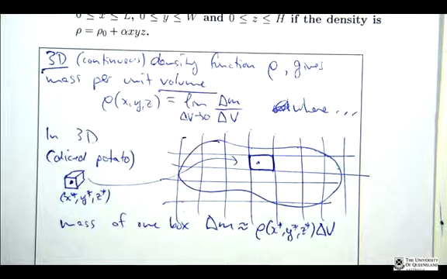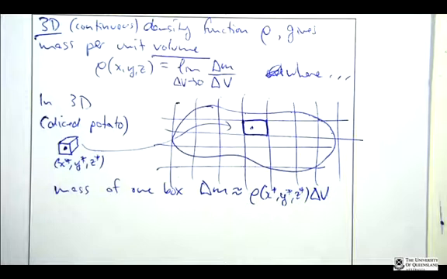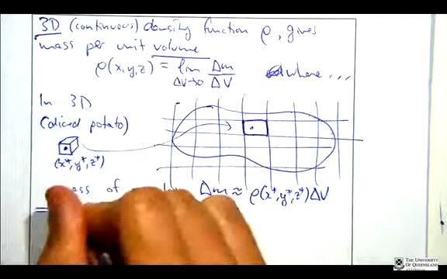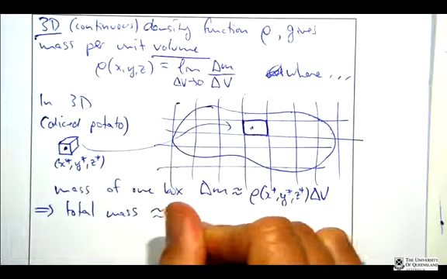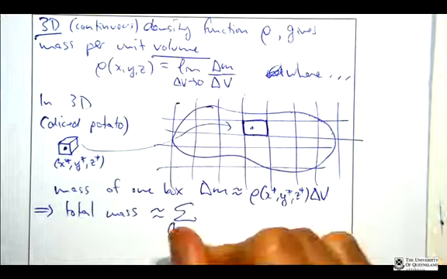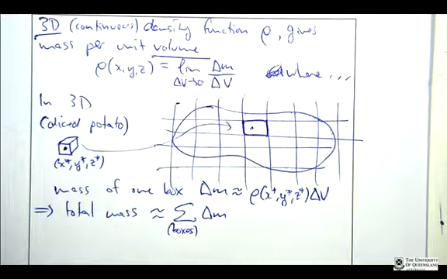All right, so there's the mass of one box. So remember it's a continuous density function, what we can do is then work out an expression for the total mass simply by summing up over all boxes all of the individual masses, delta M, that I've just written there.